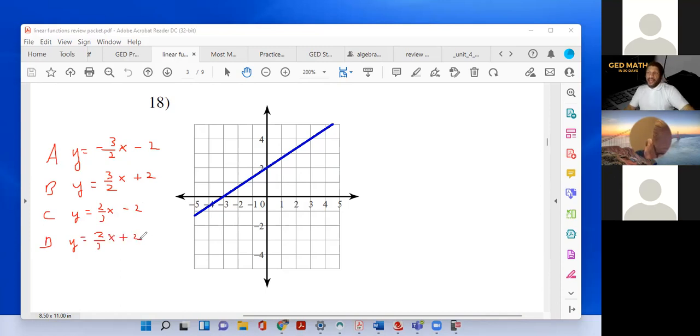And I want you to send me the answer in the chat. What equation is identified by this graph? What equation, A, B, C, or D, is this graph here?